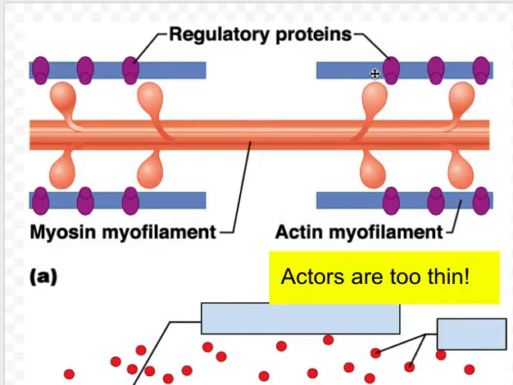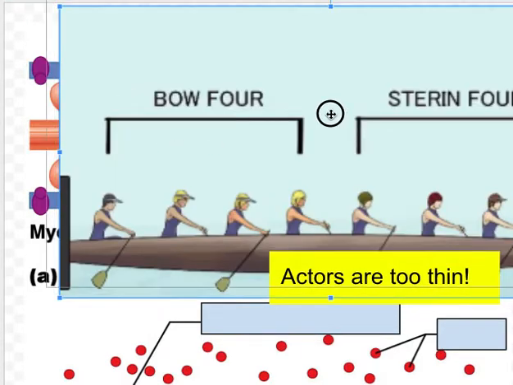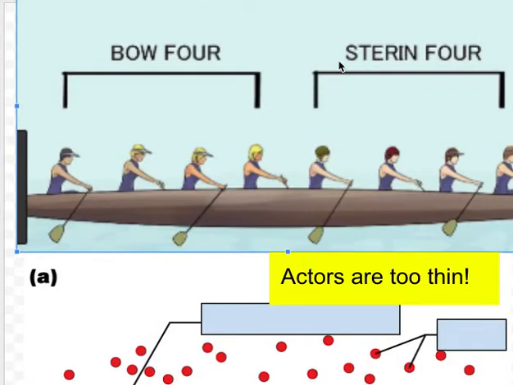Okay, and what you can think of is people rowing crew. This would be the myosin head, and in the water would be like the actin. You've got to get that myosin into the water, and then you've got to move it.